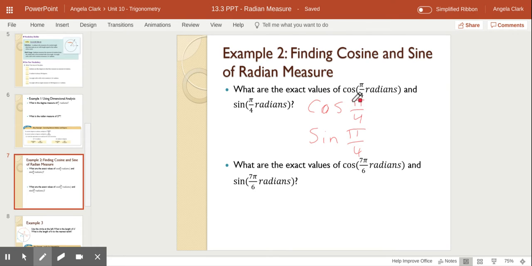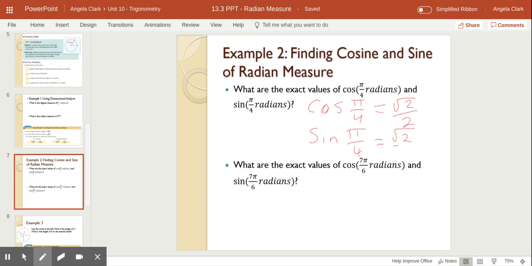So this is in the first quadrant, so this is 45 degrees. Being 45 degrees, we could use our 45-45-90 triangle, or we could use the unit circle if you have that in your brain, and it's square root of 2 over 2.